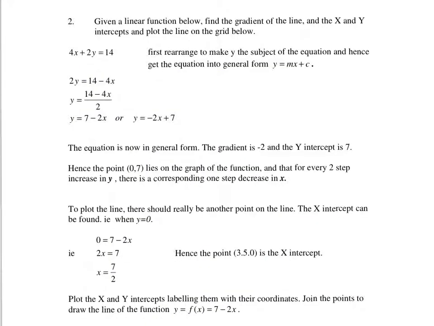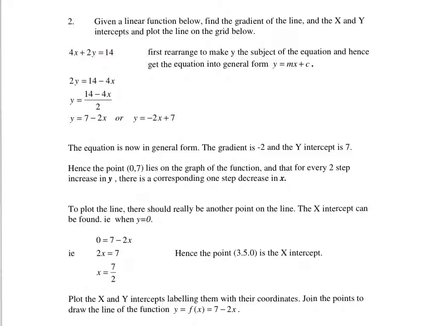Now on this page we are given a linear function, and we need to find the gradient of the line and the x and the y intercepts and plot the line on the grid below. The equation is 4x plus 2y equals 14.